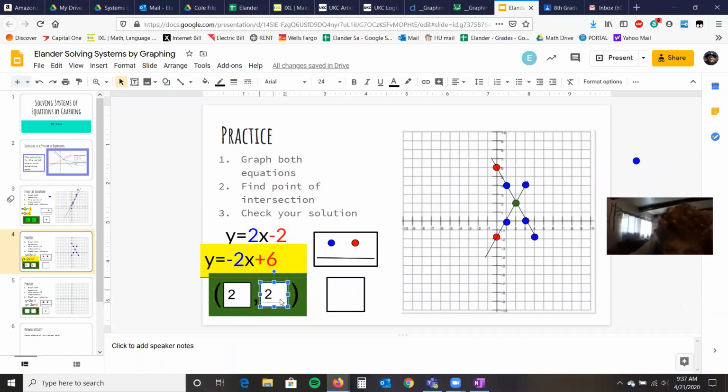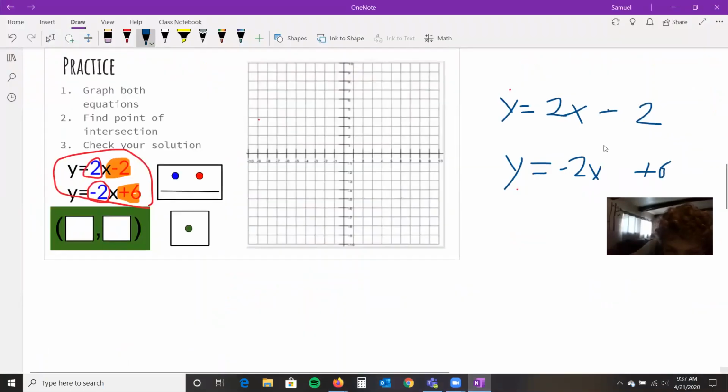So we're checking this answer, right? That's what we're doing. So to check 2, 2, I'm going to substitute both of those values in. Okay. So where's my x's? Right here and right there, right? So I substitute, aka plug in, a 2 for my x's and a 2 for my y's, right?